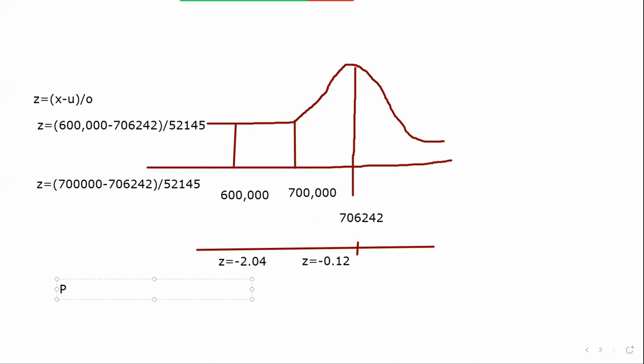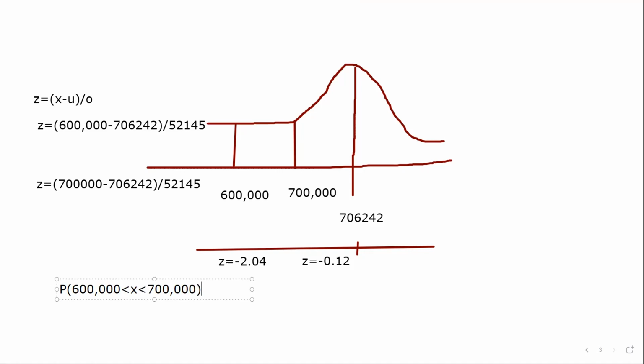So probability of, first you write the X. And so we're writing 600,000, like so, is less than, because we're doing between here, less than X, less than 700,000, just like we did in the previous section.